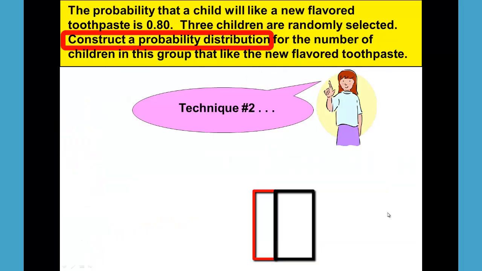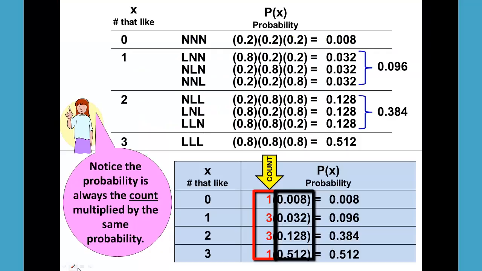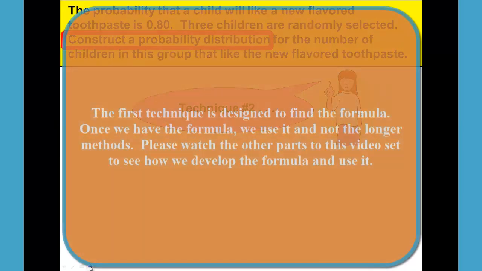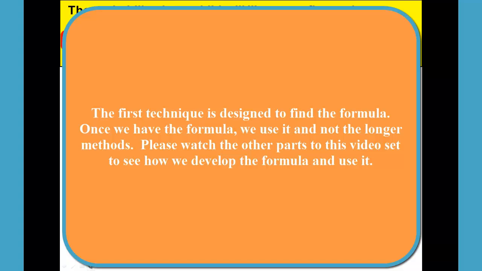The count multiplied by the probability. We're going to stop here and we'll look at technique 2 in the next video.